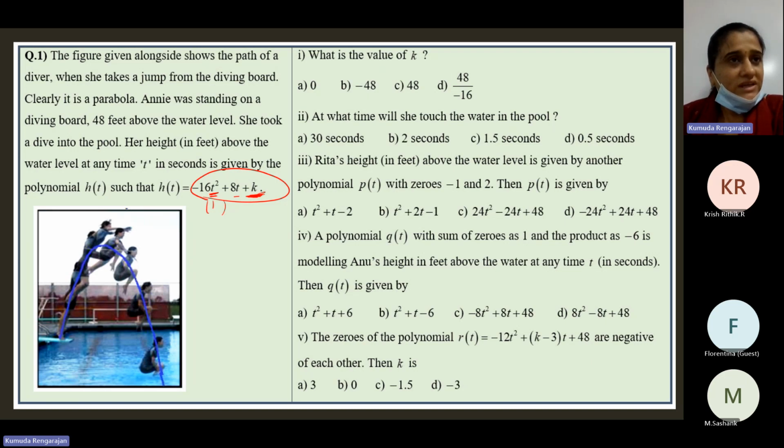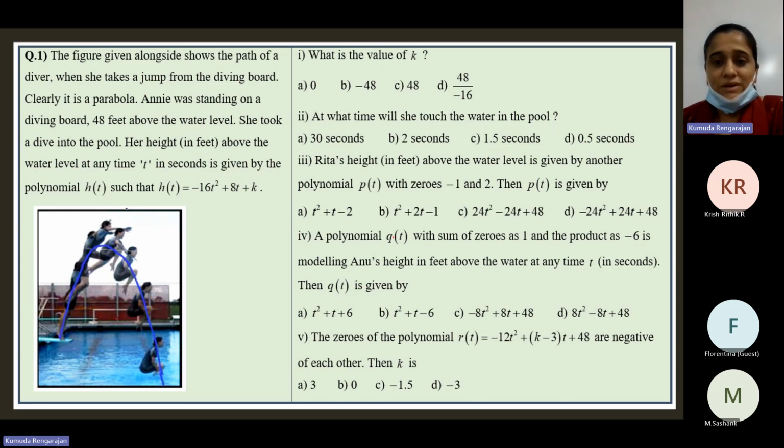So when you input t as 3 seconds, the value you get is the height of the diver at 3 seconds above the surface of the water. That's the relation expressed in this quadratic equation.